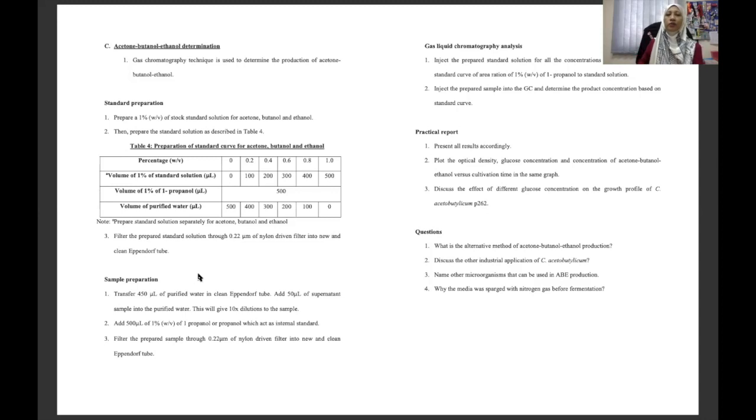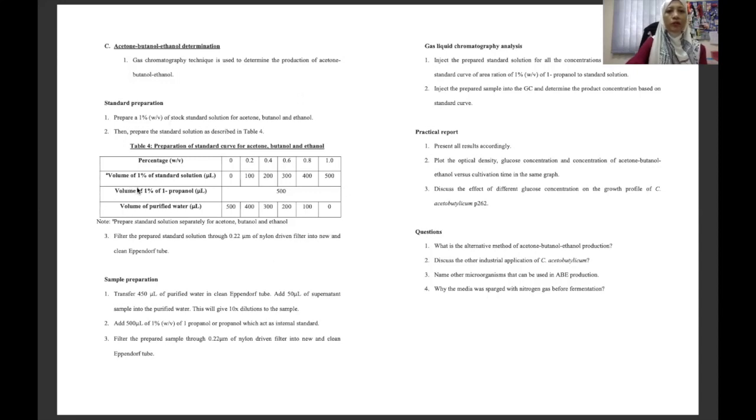The preparation of the standard is similar for all three, except you need to have pure ethanol, pure butanol, and pure acetone to be used as standard. That's for the standard.